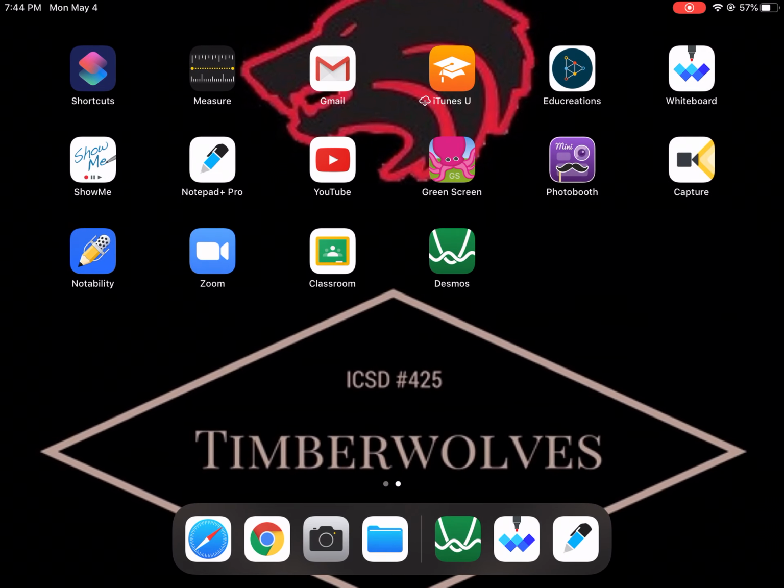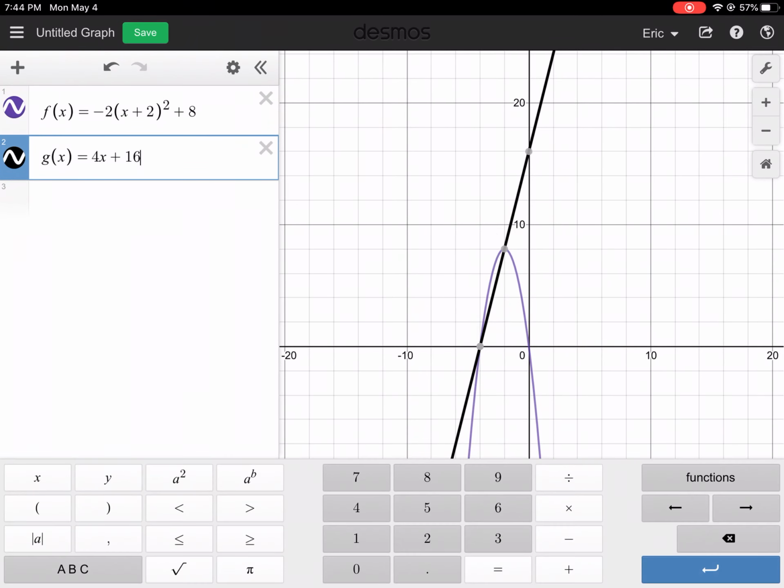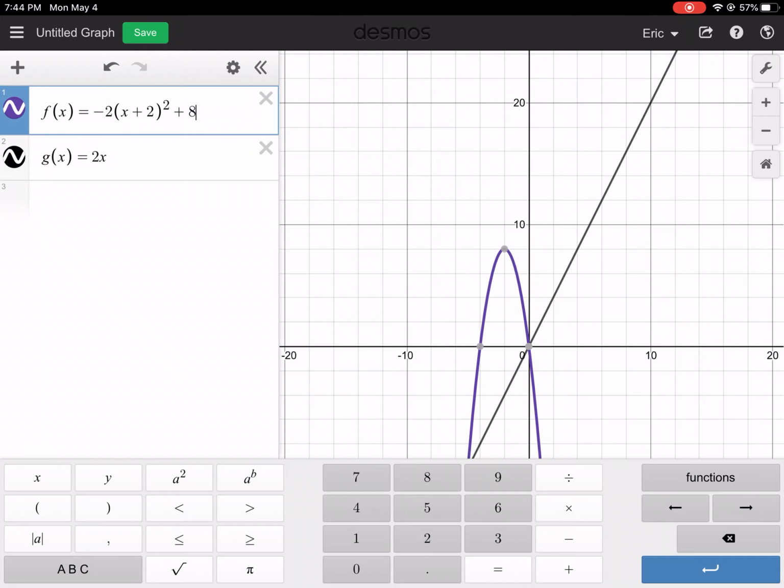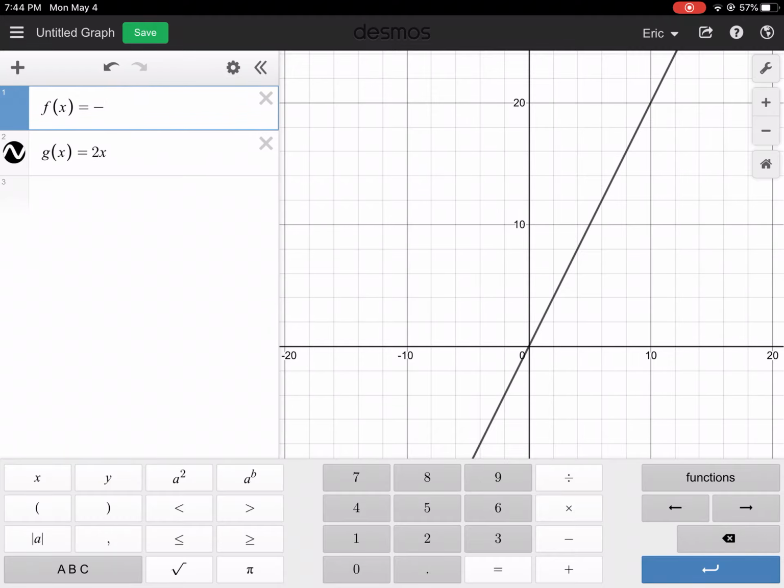So we're going to start. We'll go to Desmos. We'll just put it here. So g of x equals 2x. That's fine. Then the next one, you can do f of x.